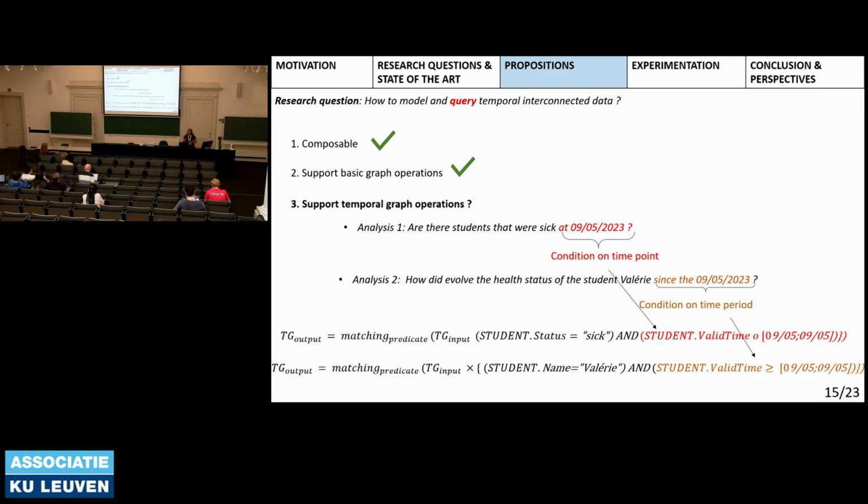But we can also make analysis on the evolution of entities and their relationships, that is on a time period. For instance, how did the health status of the student Valerie evolve since the 9th of May? The conditions on the time dimension of this analysis are translated by the condition on valid times of students in our matching predicate operators.